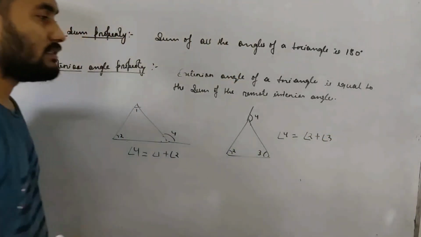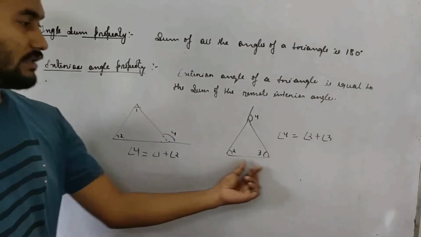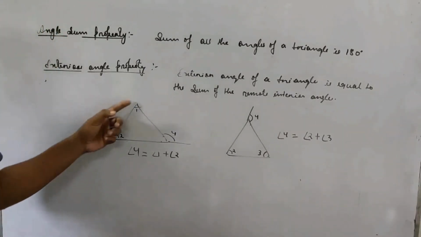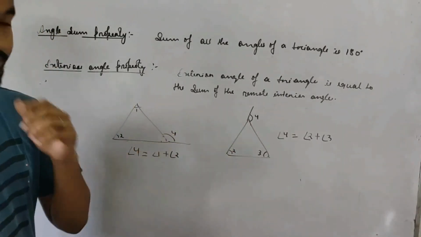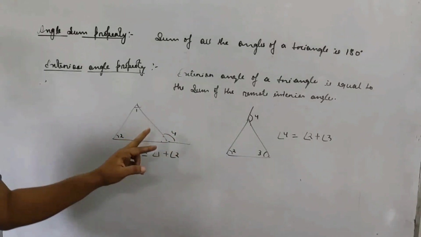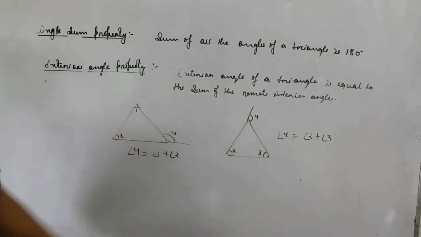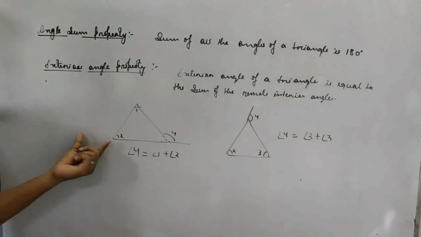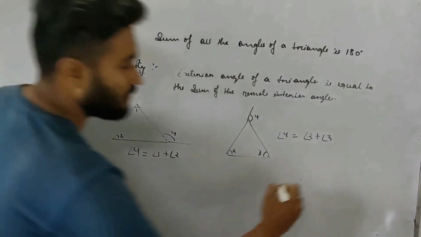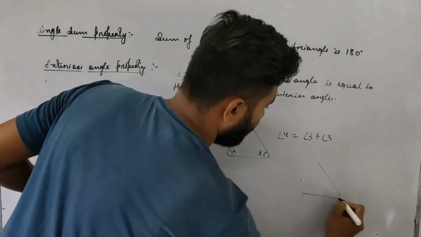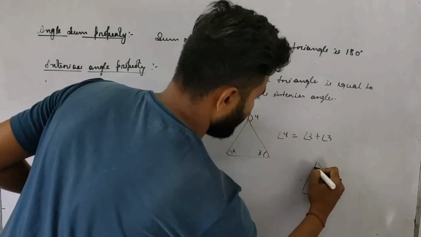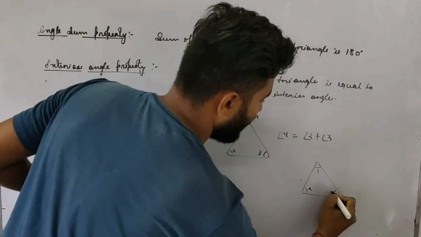These are the remote interior angles. For this exterior angle, this is the adjacent angle. And if I draw over here, then this will be the adjacent angle. Say 1, 2 and 3.